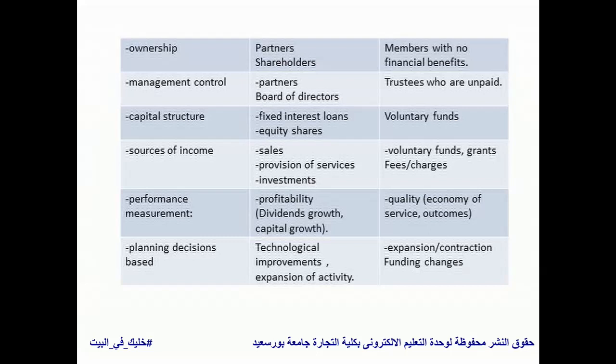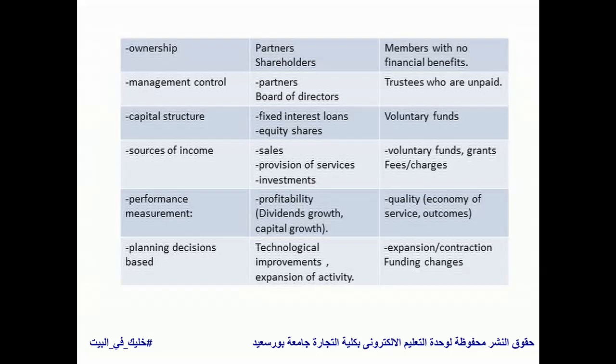The second source, they can provide a service rather than selling a product, or they can do both. Or through investment. While the sources of income in the case of NPO are through voluntary funds, grants, fees, and charges.